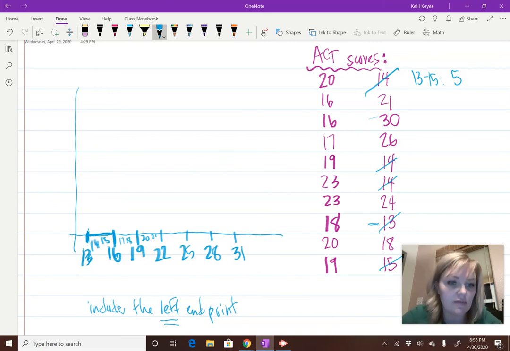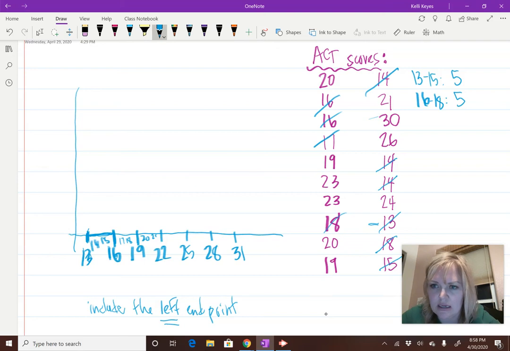Then my next interval, like we said, is 16 to 18. I'm going to count 1, 2, 3, 4, 5. So 5 again. Then my next one will be 19 to 21. So 1, 2, 3, 4, 5. Five must be the lucky number for those. Then 22 to 24.